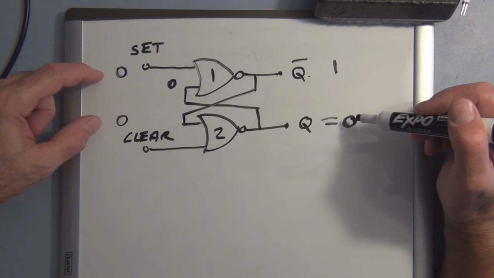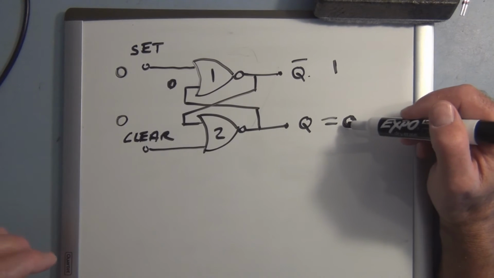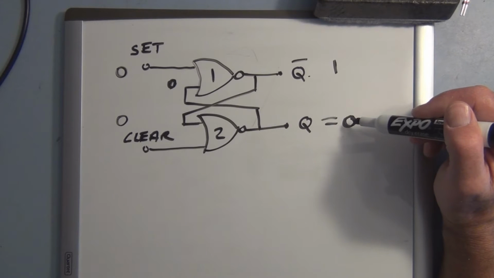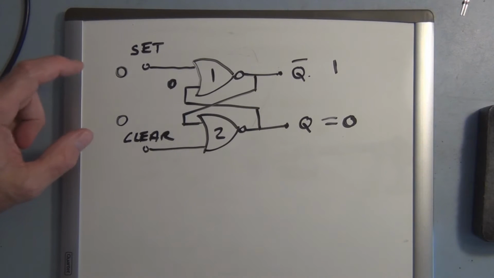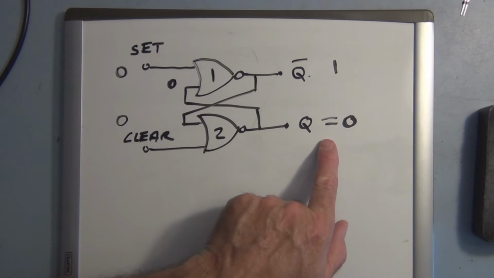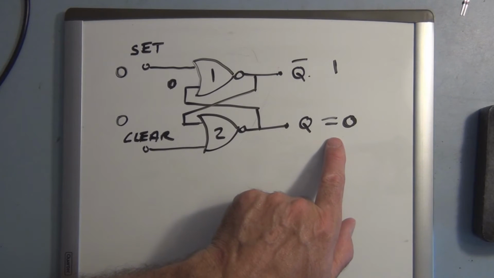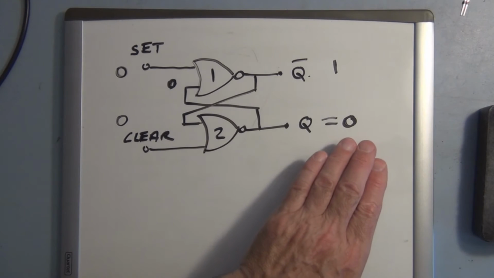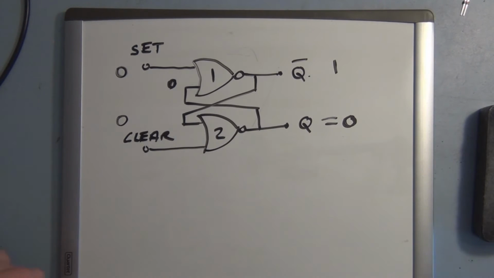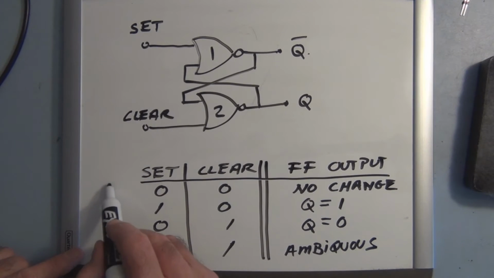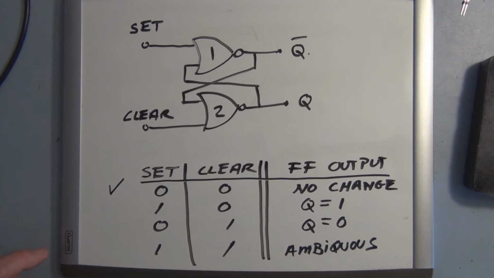If you put a 0 and a 0, Q is whatever it was previously set to, and it will not change. So when the set and clear again are both a 0, the Q output is whatever the output was set to in the past, and it stays there with no change. So I've written down the truth table again, and we've checked this state and verified that state.